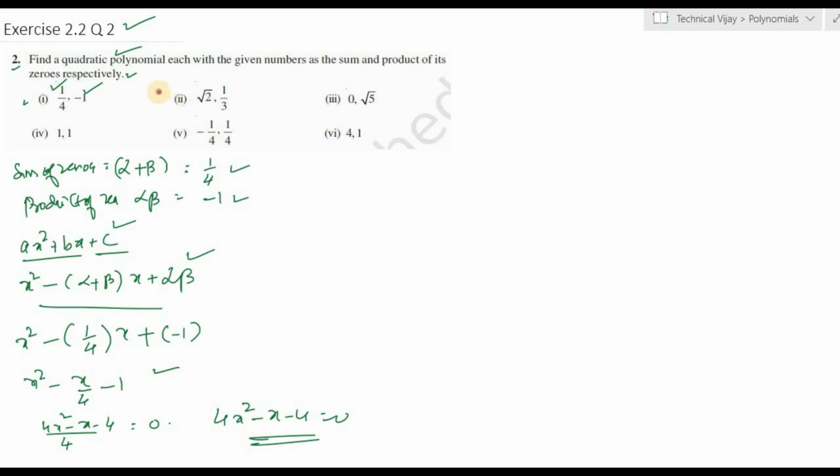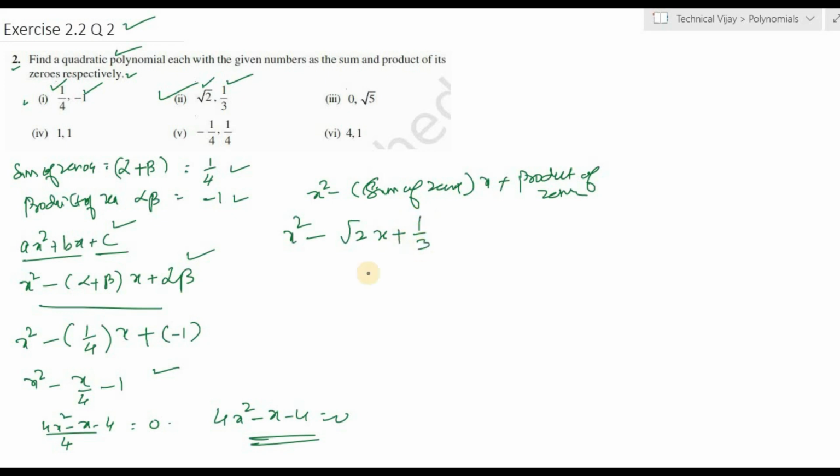So now the second one, alpha plus beta is root 2 and alpha into beta is equal to 1 by 3. The quadratic equation can be written as x square minus the sum of zeros into x plus the product of zeros. So x square minus root 2 into x plus 1 by 3.